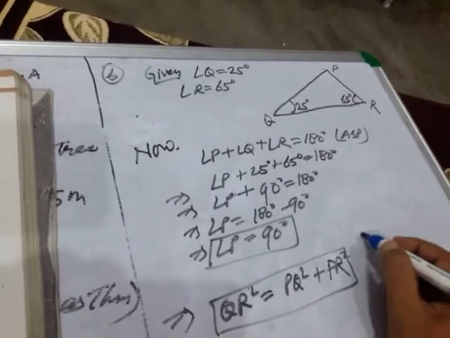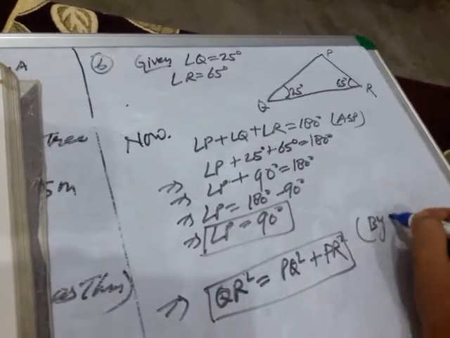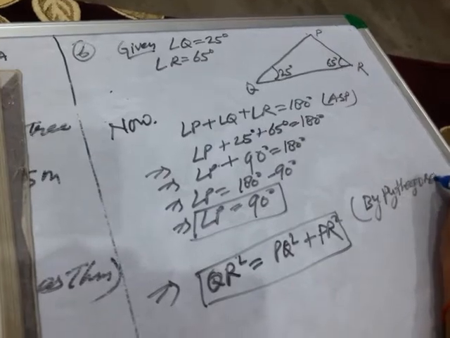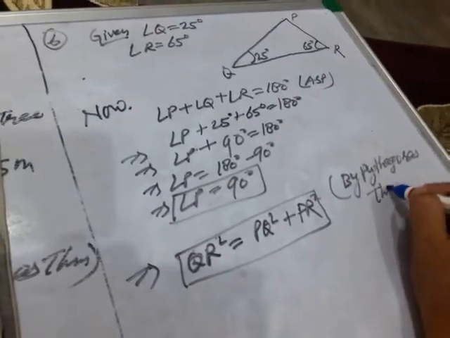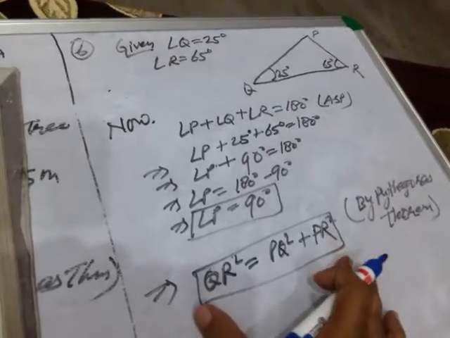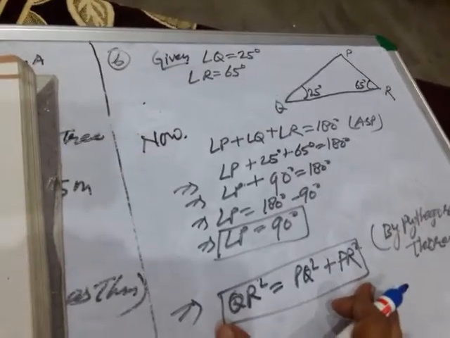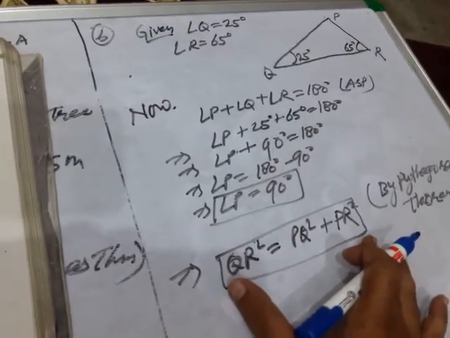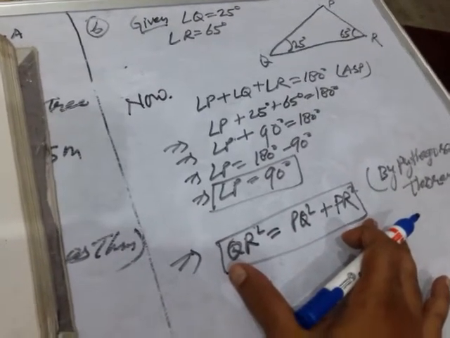The side opposite to the right angle is the hypotenuse, and the square of the hypotenuse is equal to the sum of the squares of the other two sides.